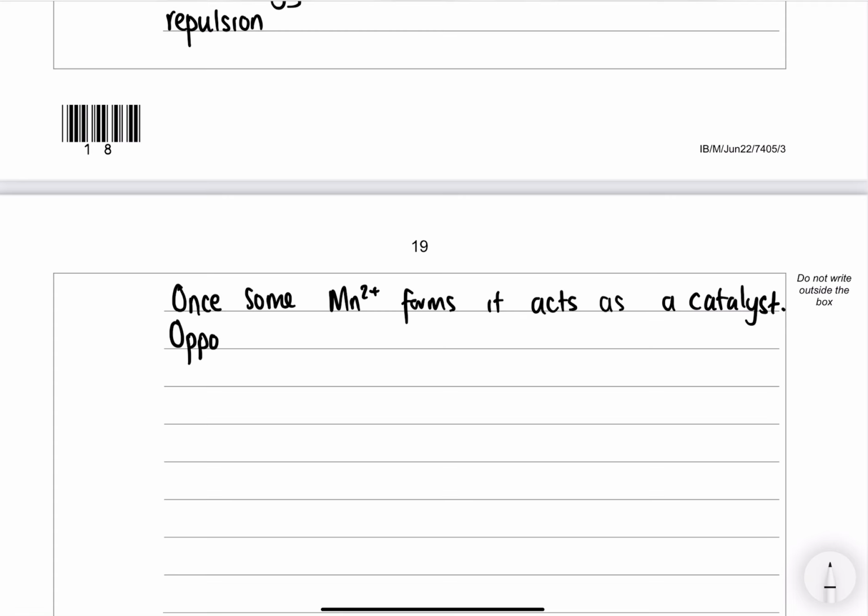Oppositely charged ions attract. So the activation energy is lowered. Acts as a catalyst, it provides an alternate route of lower activation energy.